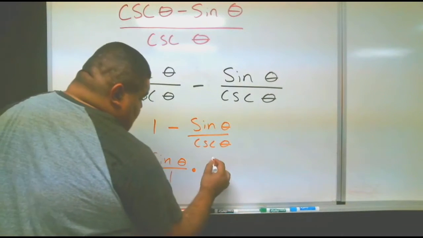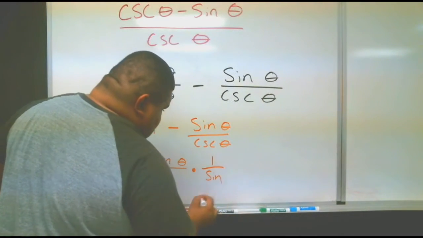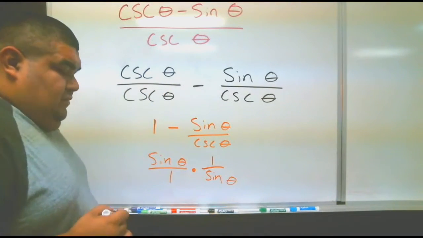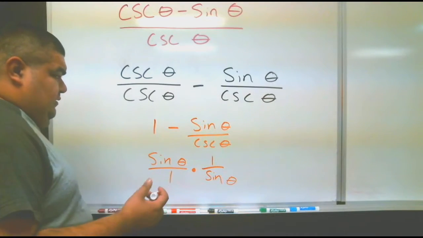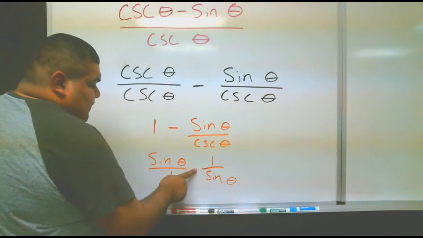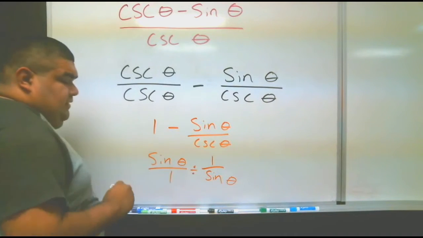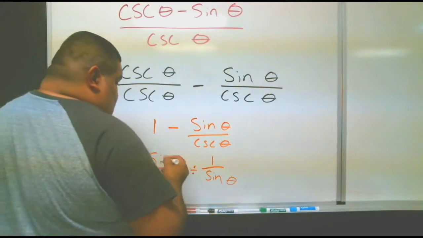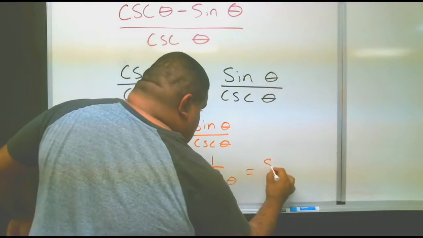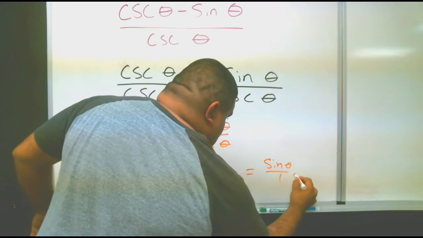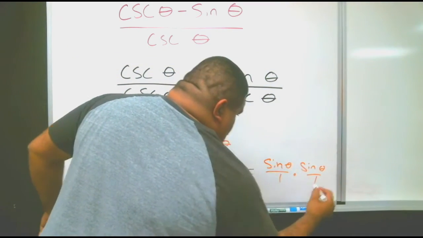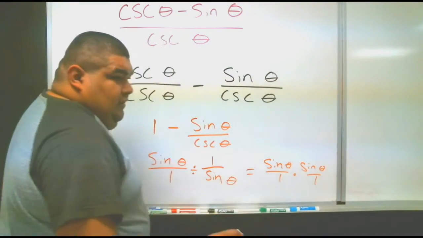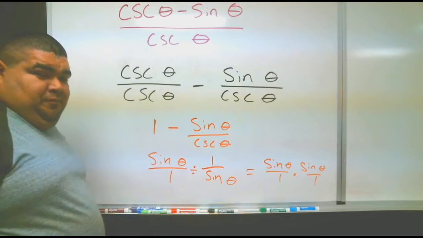So this becomes 1 over sine theta. We're still dividing here, but since we're going to multiply, we're going to flip the second one. It's going to become sine theta over 1 times sine theta over 1. Since you have the same thing twice, sine theta times sine theta, it's just sine theta squared.